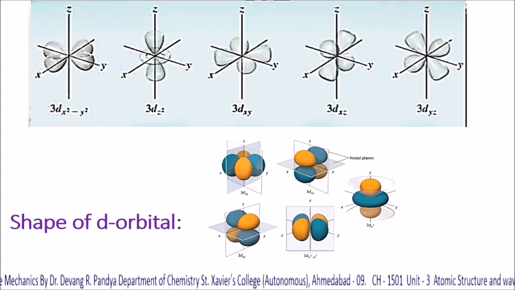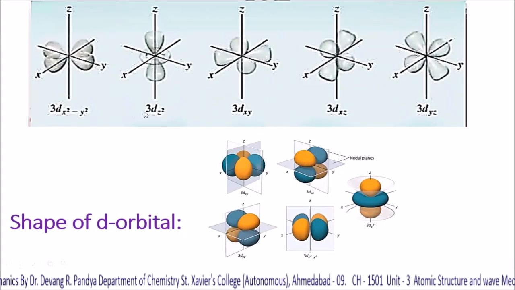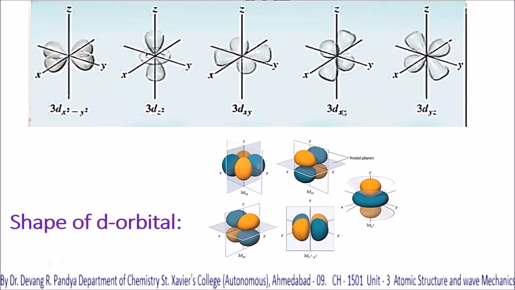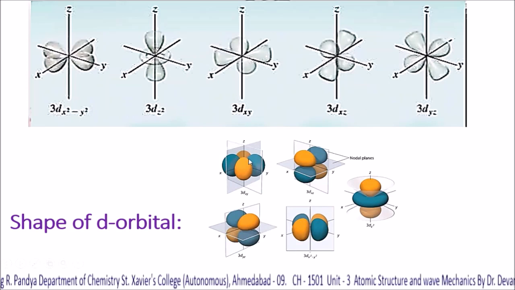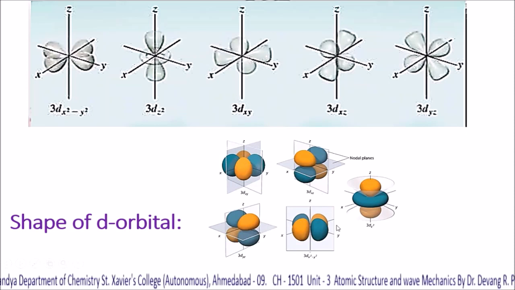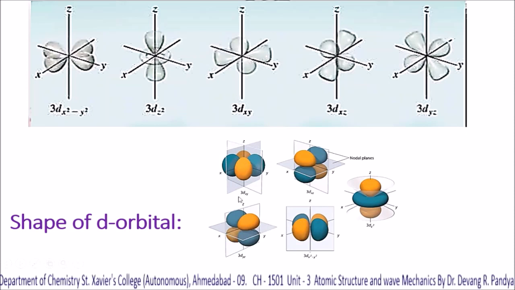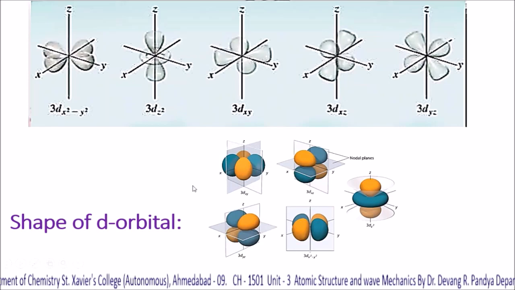These are the orientations of d orbital: dx square minus y square, dz square, dxy, dyz and dzx. And this is the nodal plane which I am talking about, which is passing through it, where it represents zero density of electron in the node area.